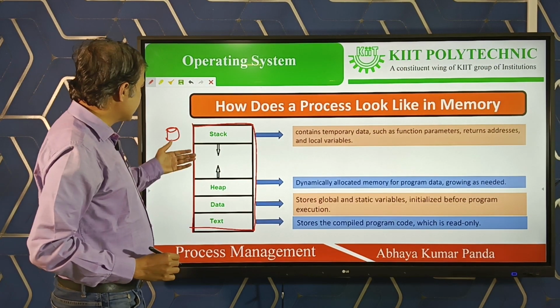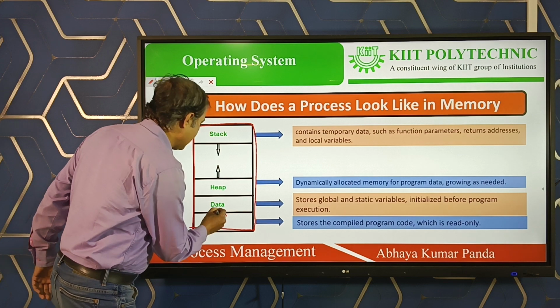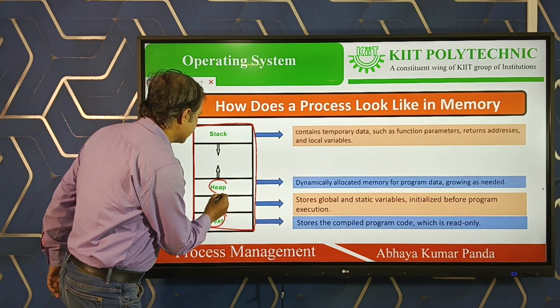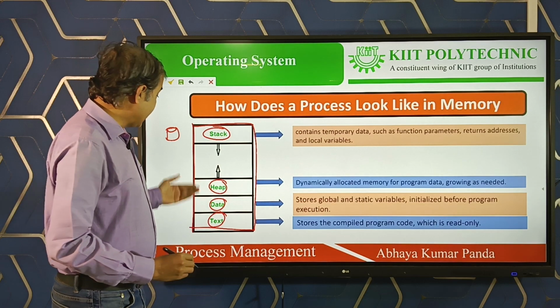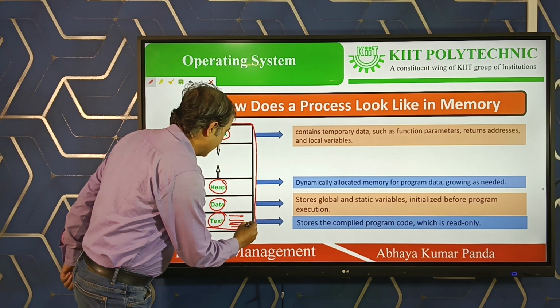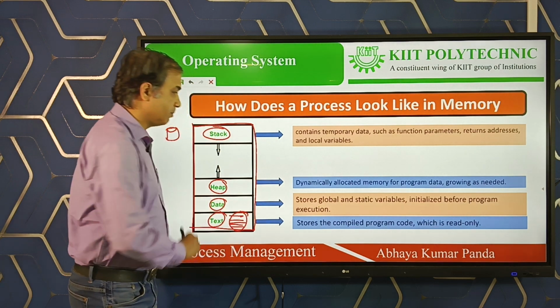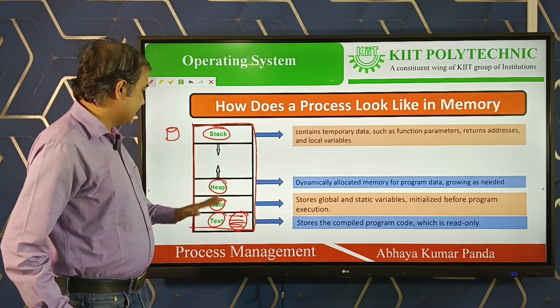It creates four separate areas. One is the text area, another is the data area, another is the heap area, and another is the stack area. In the text area, the original executable files or instructions are stored. It is read only; we cannot change that.